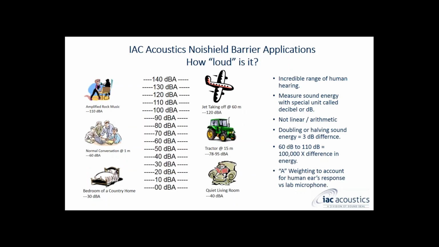The most important things to understand are that human beings have an incredible range of hearing, and that we use a special weighting factor called A weighting to reflect the fact that people don't hear equally at all different frequencies. Human beings hear better in the mid frequencies and much, much worse at the low frequencies.